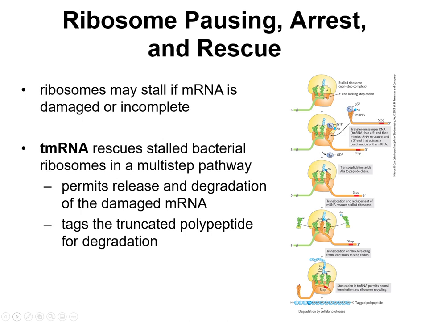So what happens is you have an mRNA that's got a stalled ribosome on it. Say it doesn't have a 3' end stop codon. This transfer messenger RNA, or tmRNA, has a 5' end that looks like a tRNA.